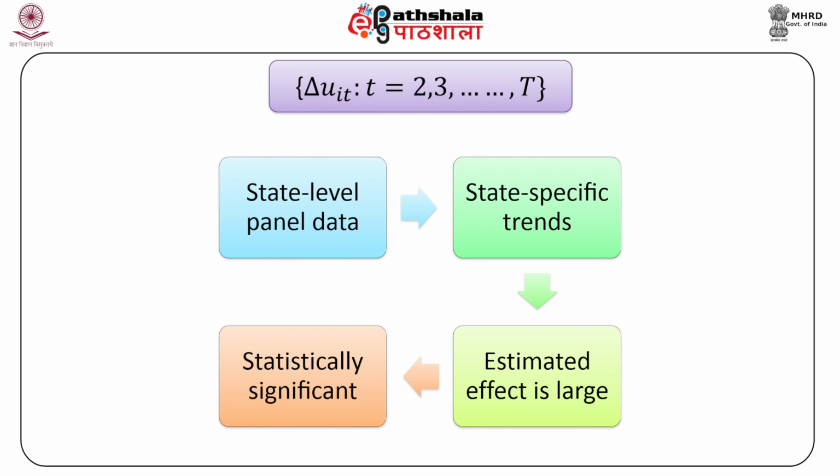The IPS t-bar statistic is written as the average of the individual ADF statistics as t-bar is equal to 1 upon N summation i from 1 to N t pi i, where t pi i is the individual t statistic for testing H0, that is pi i is equal to 0 for all i, in 2 when the lag order is always 0.